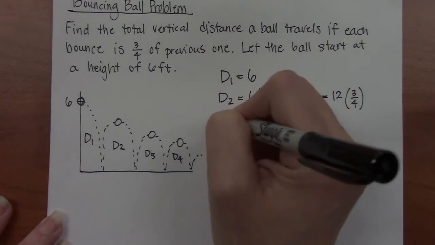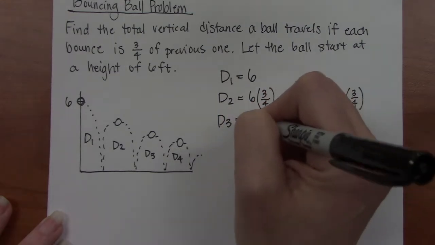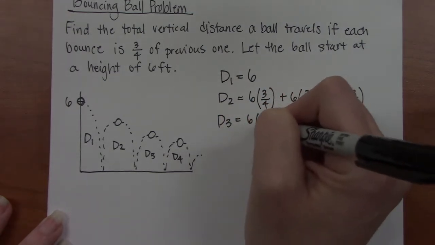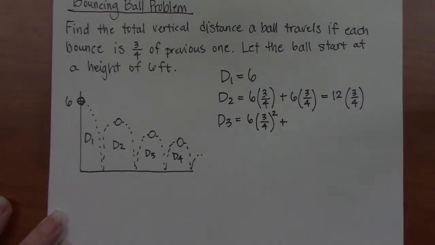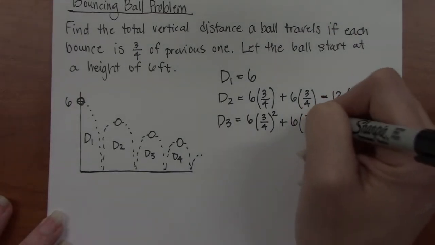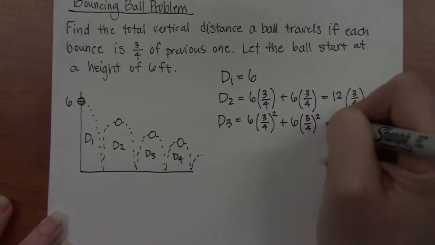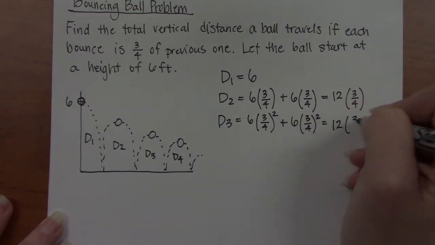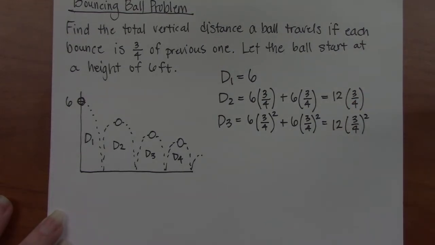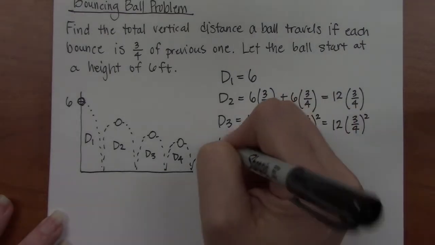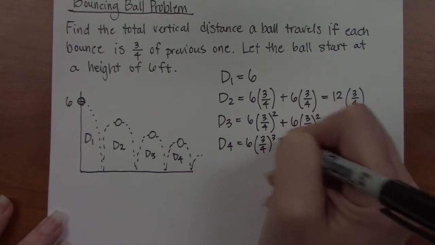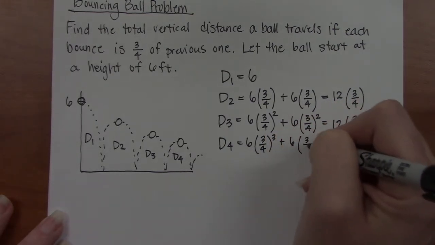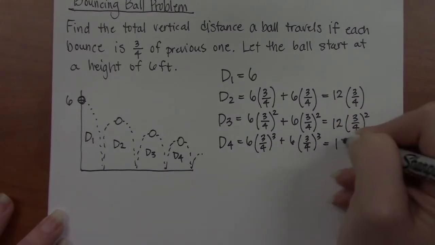On the third bounce, we take the previous height of 6 times 3/4 and we multiply it by 3/4 again. So there's the distance for the ball to go back up, and then it's going to travel the exact same distance back down again. So we can combine these together. And then for D4, right, we multiply everything by 3/4 again. So you can see now we're getting a pattern, and that's what we want to establish.